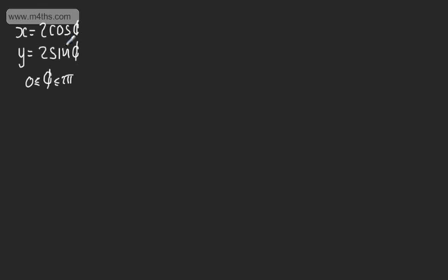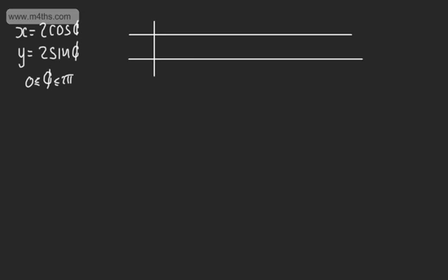Now I'm going to draw up a little table. I'm going to put enough values in here, hopefully, for you to see what's going to happen with this. So we'll have theta just here, and we will have x, and we'll have y. I'll start with 0.